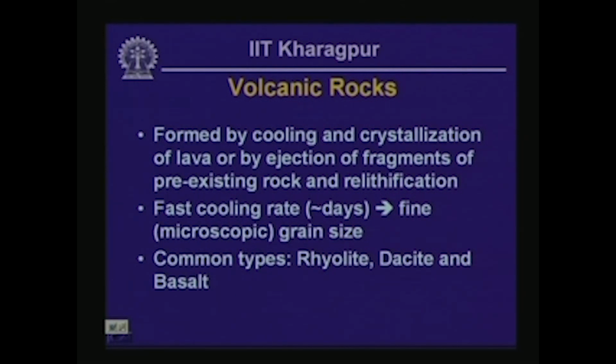Sometimes there are no visible crystals within the rock mass. The common types of volcanic rock include rhyolite, dacite and basalt. Basalt in fact forms a very large proportion of all igneous rocks available on the surface of the earth or near surface.